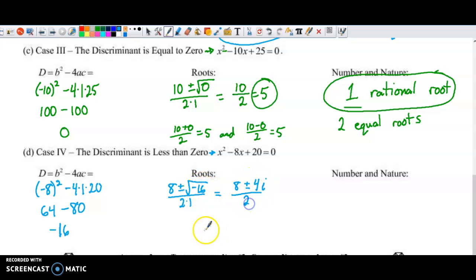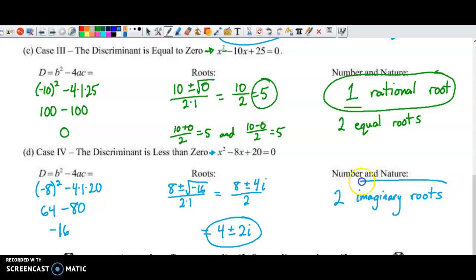And I would want you to divide each piece. 8 divided by 2 is 4, and 4 divided by 2 is 2. So here's a situation where we have two imaginary roots. And what does that mean? It does not cross the x-axis. Or it doesn't even touch the x-axis.